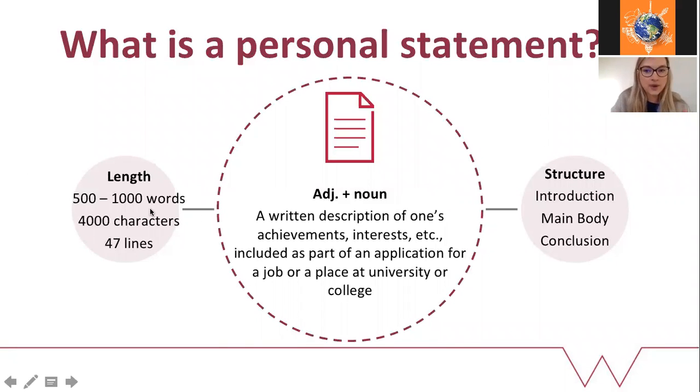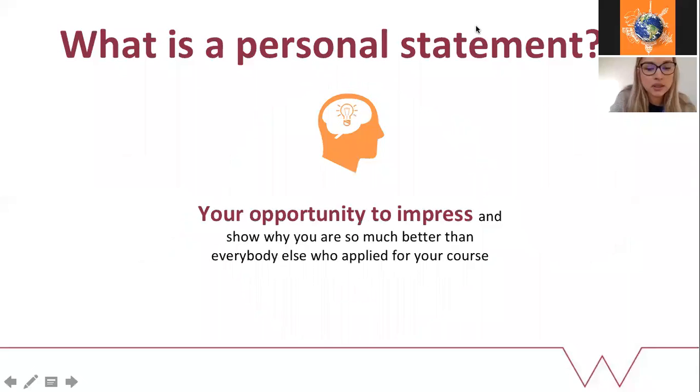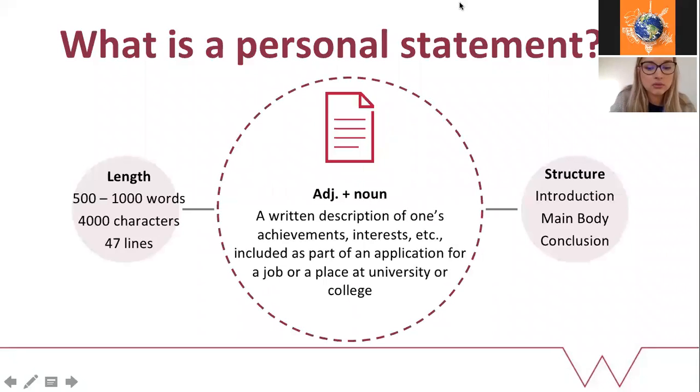So around 500, 1,000 words, or 4,000 characters, or 47 lines. Very, very specific. However, we always recommend check with your university, check with your program, and check with which level you're applying.